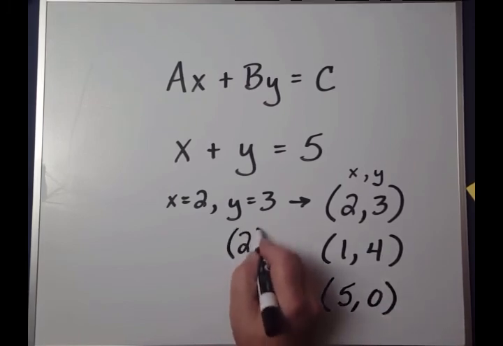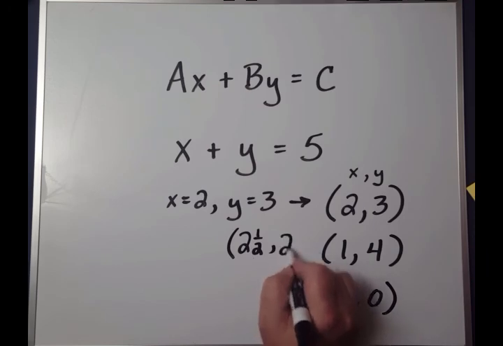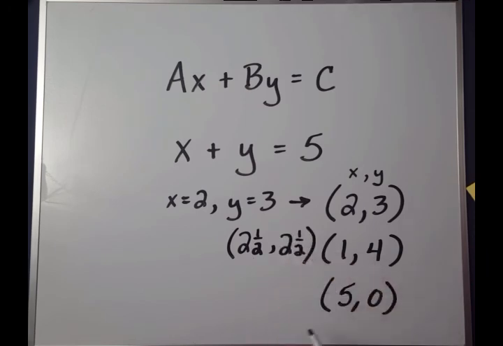The ordered pair 2 and a half, 2 and a half. Plug that in, it makes the statement true. The ordered pair -6 and 11 will make that original statement true when plugged back in for x and y. And we could keep going, but we'd be going forever. There are an infinite number of ordered pairs that will satisfy that equation.